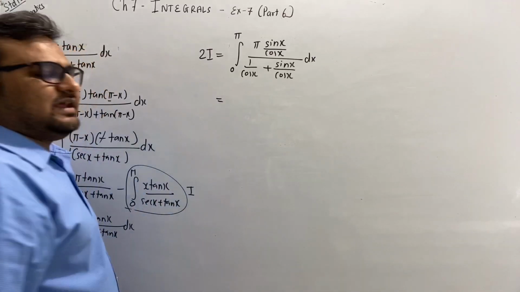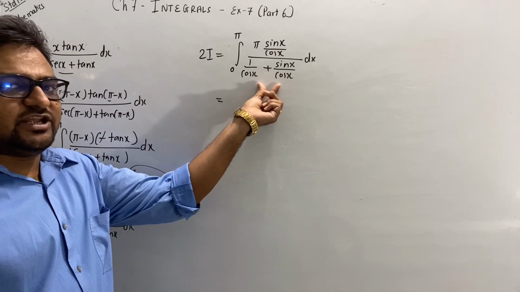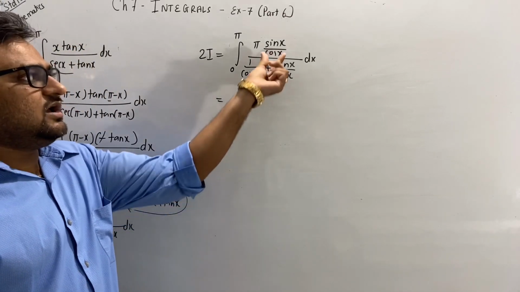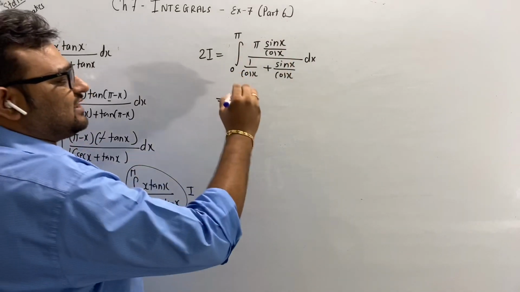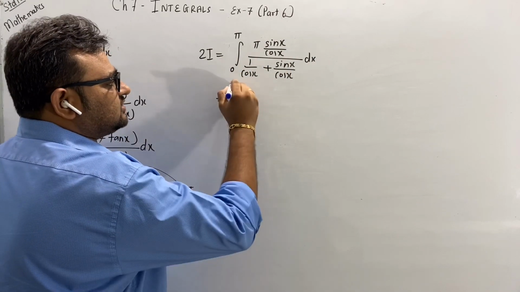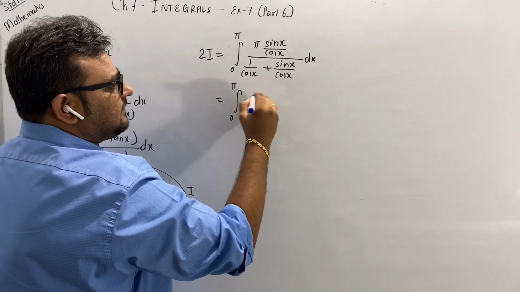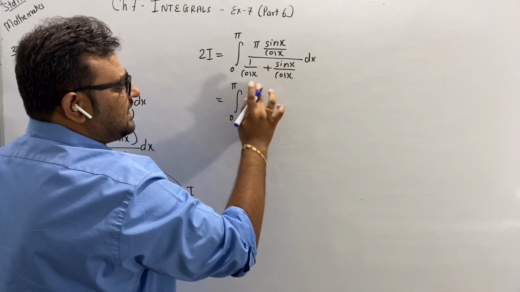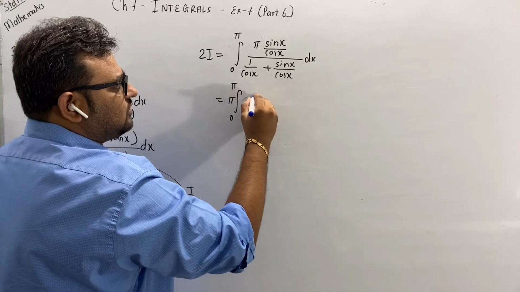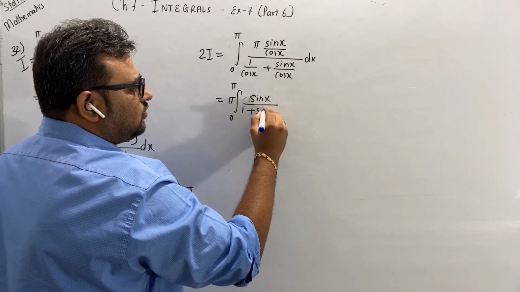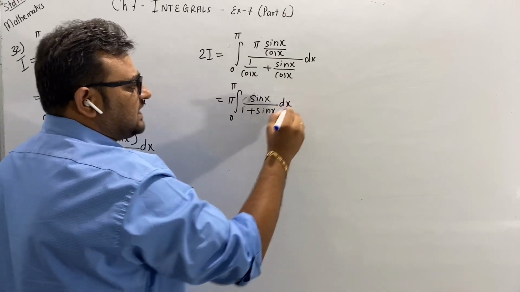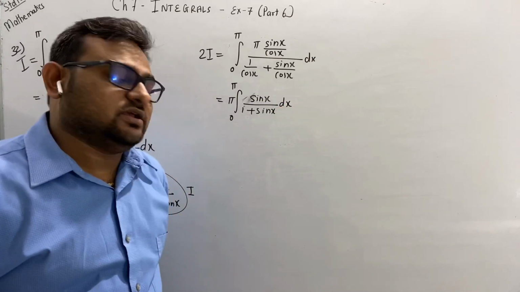Okay. So when I take LCM here, it will be cos x in the denominator of the denominator, and here also cos x in the denominator of the numerator. So that will get cancelled. 0 to pi, pi is constant, I can take it out. Sin x upon 1 plus sin x dx.